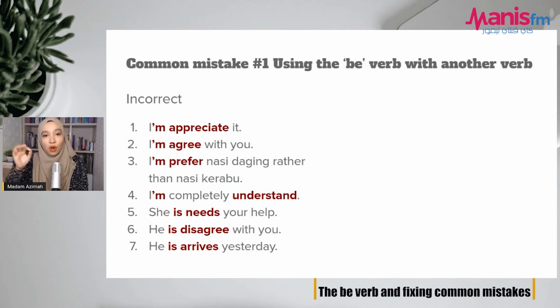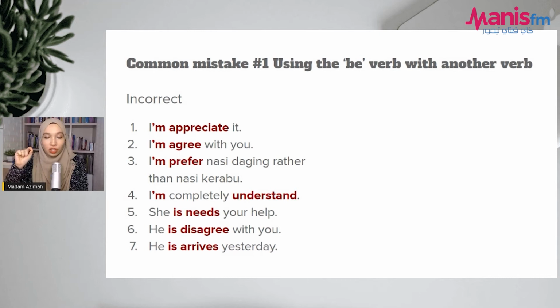Now we're going to explore each verb one by one, and I'll explain why it's wrong. The first one, I am appreciated. You're using the be verb am and then another verb, appreciate. This is wrong.